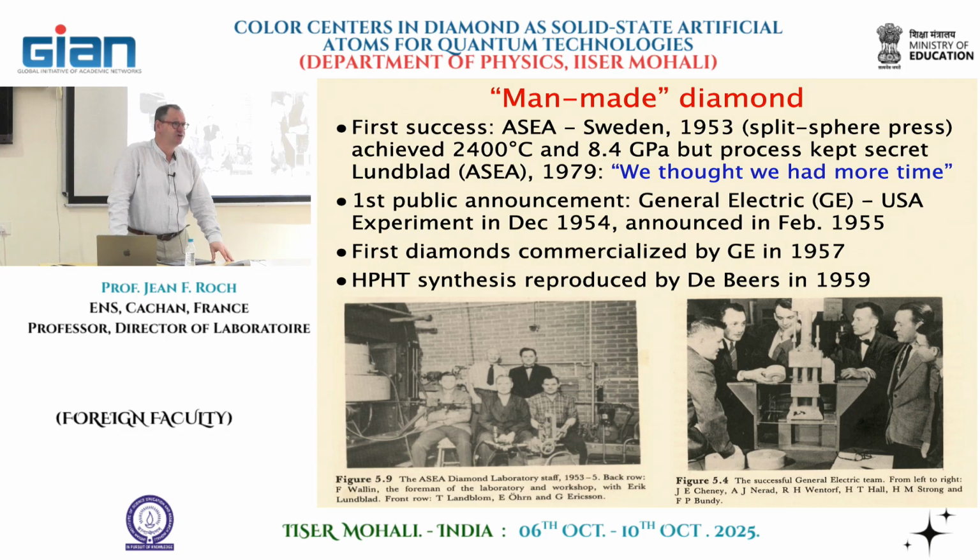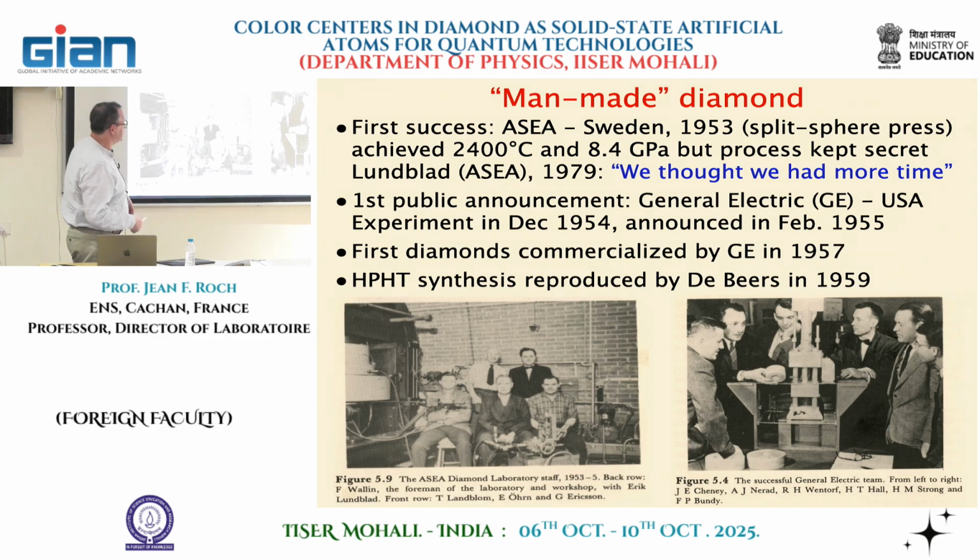The temperature was 400 degrees, and the pressure was about 8 GPa. And they had some very tiny diamonds appearing after this process. But that was kept completely secret. The reason, explained by the leader of the team that you see here, Lundblad, was that he said, we thought we had a lot of time. So they wanted to refine their experiment to produce more diamonds, bigger diamonds, et cetera.